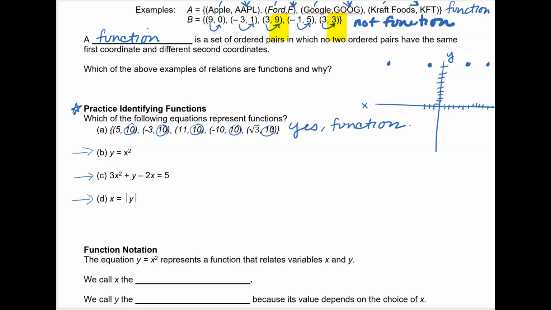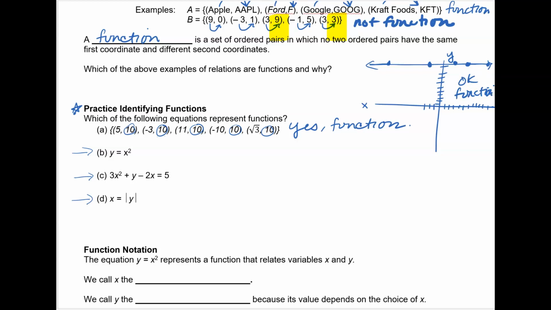That would be a little bit less than 2. Notice that they all line up. You can even connect them and make a horizontal line. That is okay. That means this is a function.